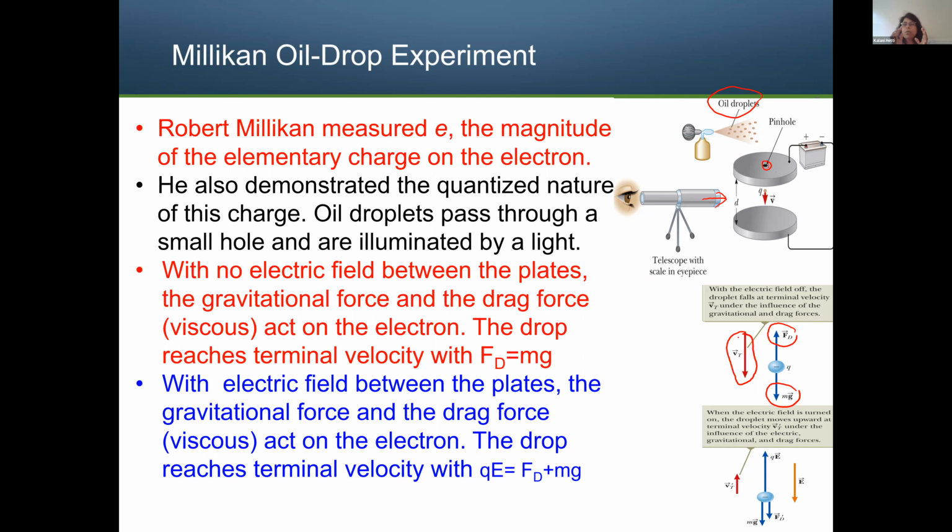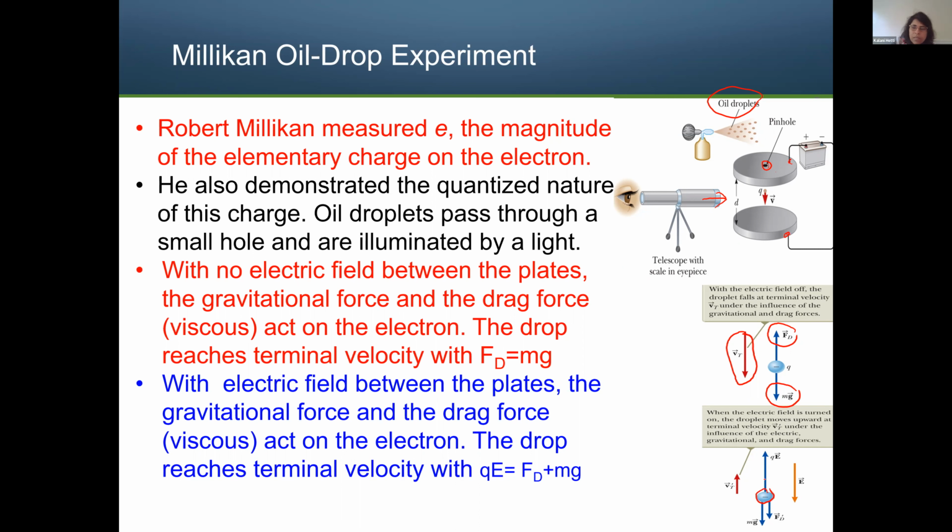So now what is important in here, since these two plates are connected to an electric field or electricity, these two plates are going to be charged. Because of that, there is an electric force acting on this charge.